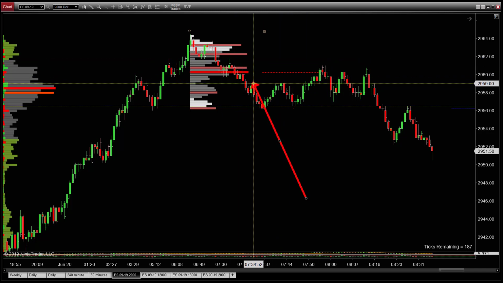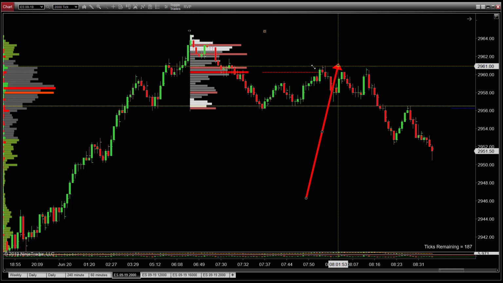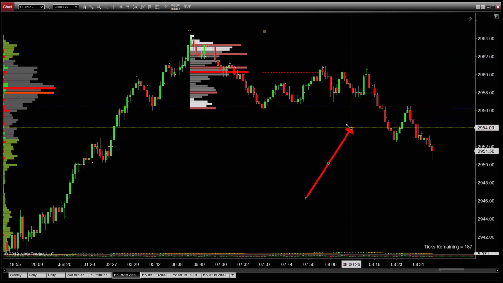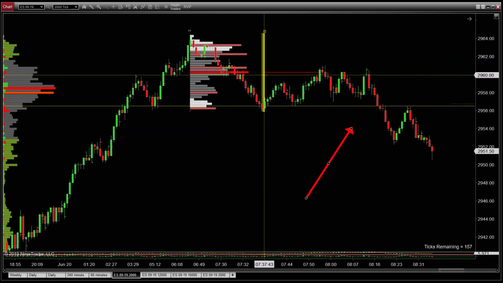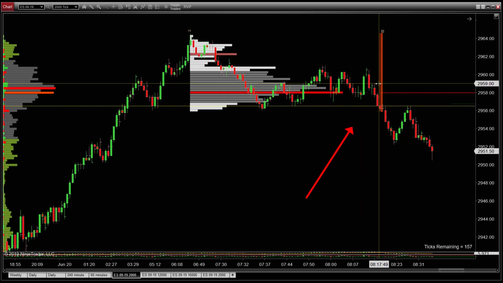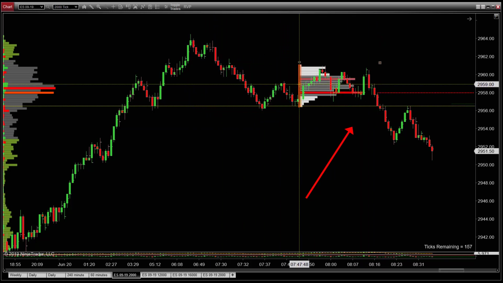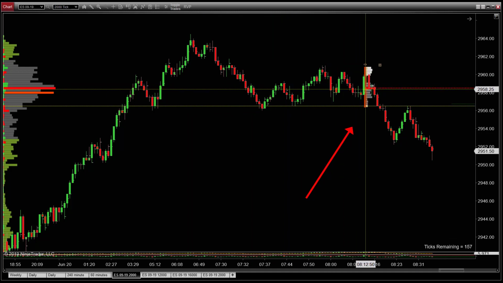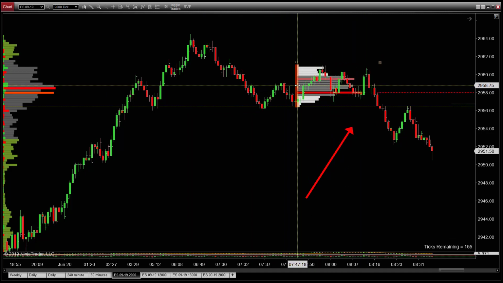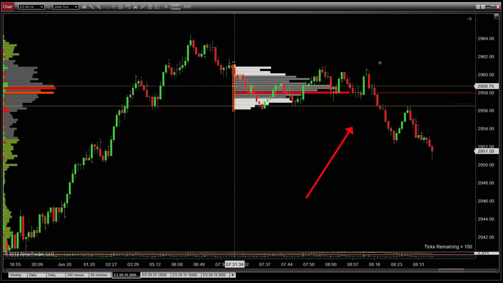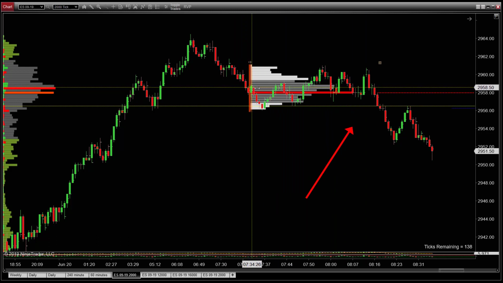But then you get this big cluster right here. And for that, you kind of want to look at a lot of it, to be honest with you. And you can kind of pull it across and see that you have a pretty defined point of control.